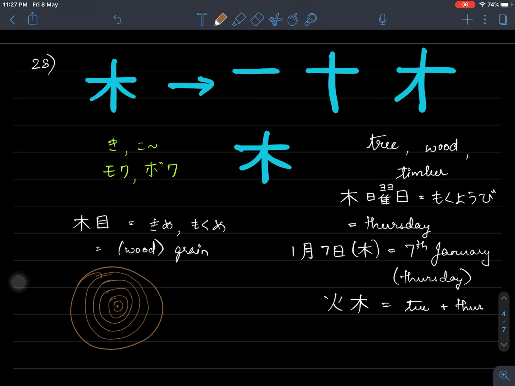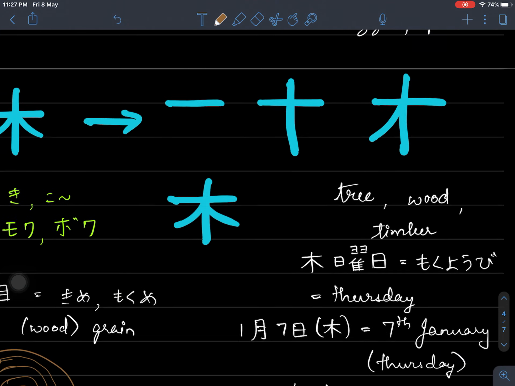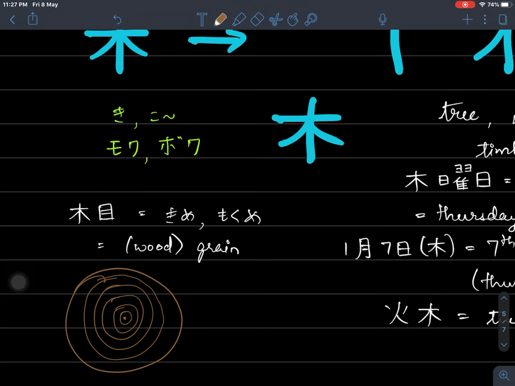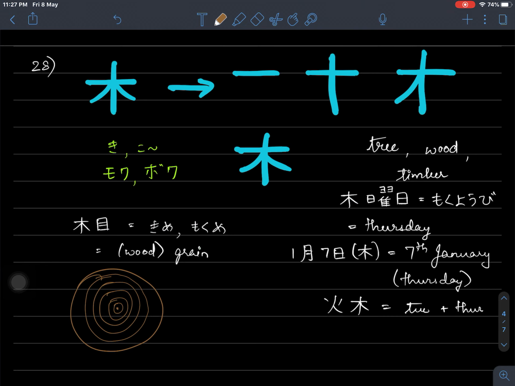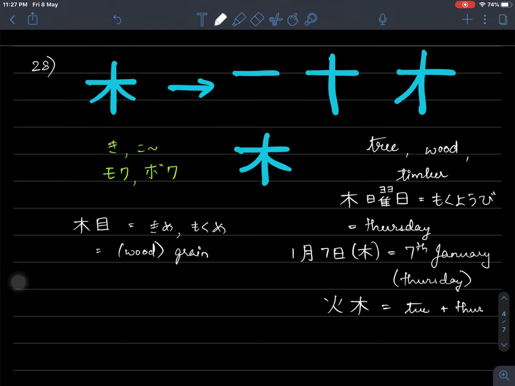So this is what is referred to as the grain of the tree. So this is what they're referring to, and it is, oops, can't seem to reduce the size. Okay, got it. So this is what it means when they say mokume or kime.